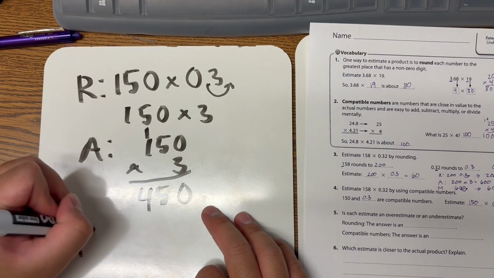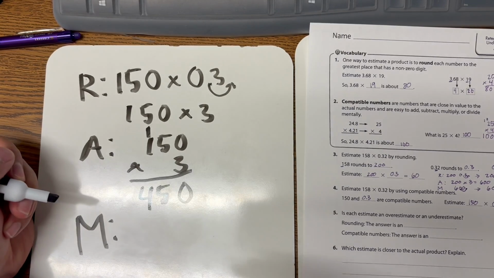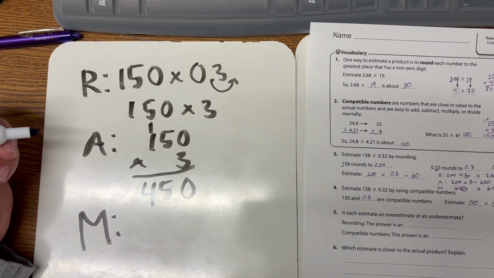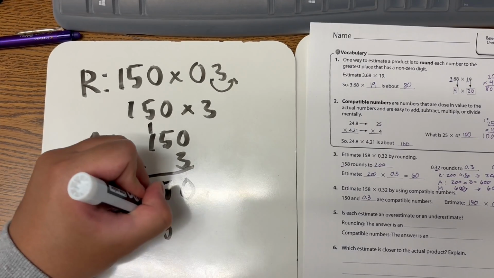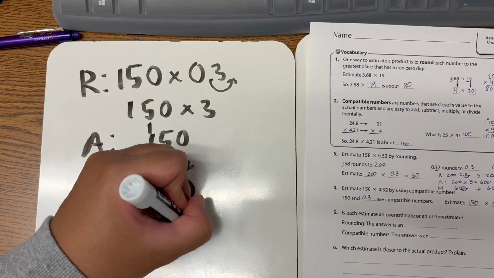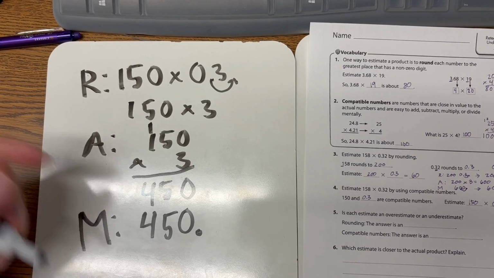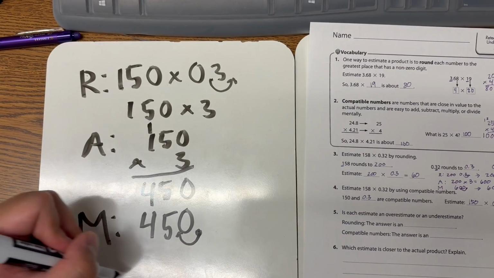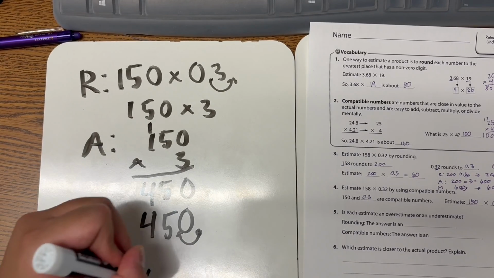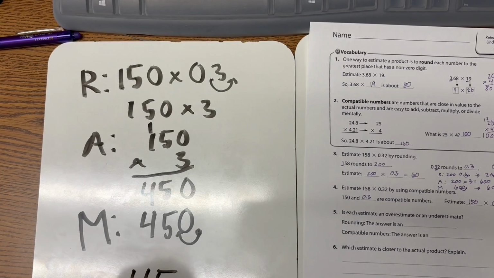We are not done because again, we have to move our decimal point back 1 space to the left. We always place our decimal after the ones place, which is in this case our 0. We move it 1 space to the left, making our estimated product 45.